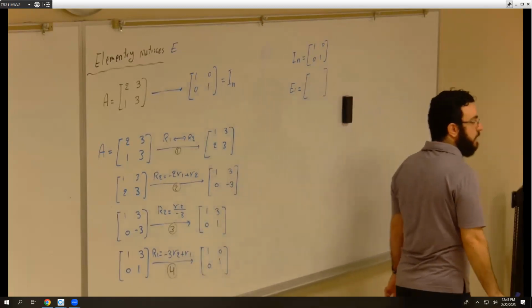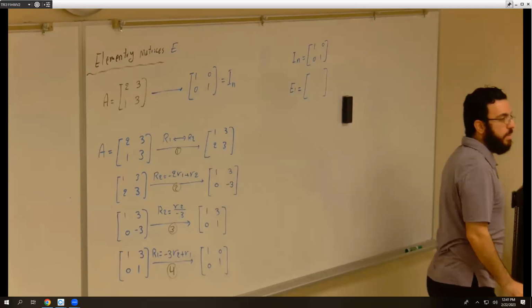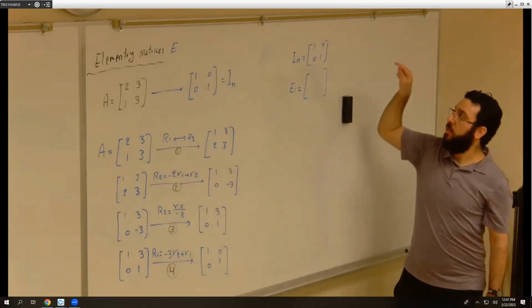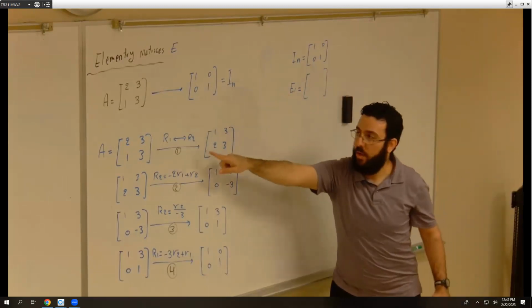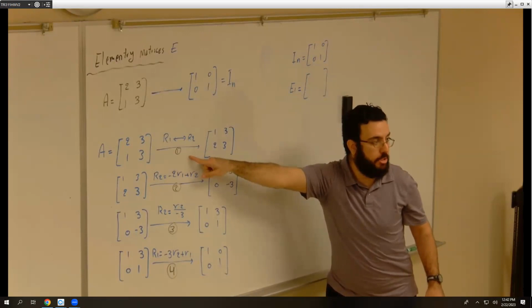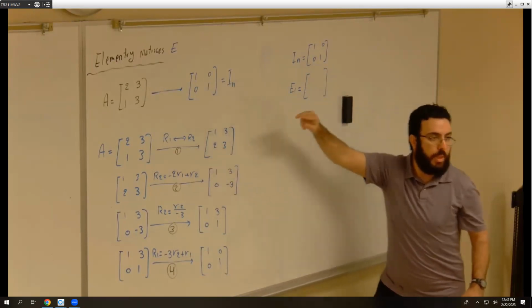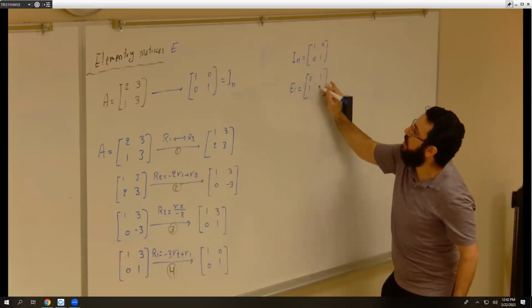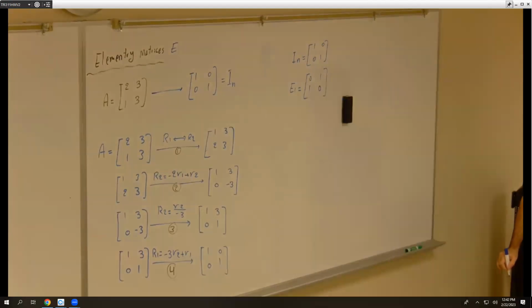What I did here, I'm going to do here. What's the first operation I did? I changed R1 with R2, right? So I'm going to change R1 with R2. That means it's going to be 0, 1, 1, 0. Okay, this is the first elementary matrix.